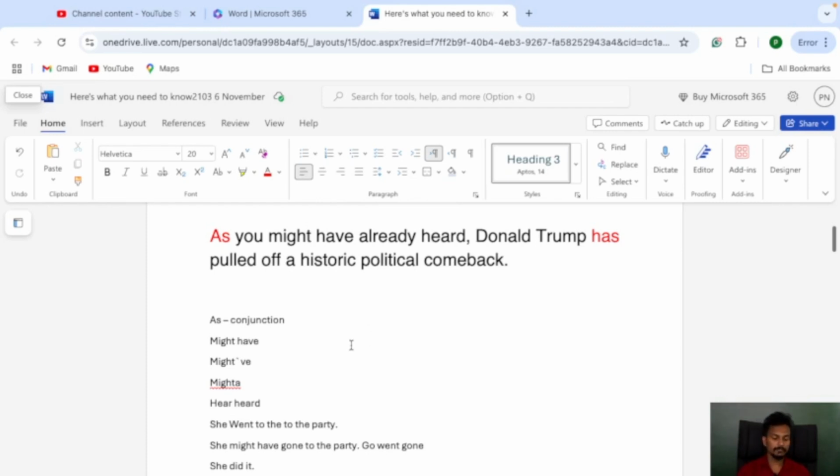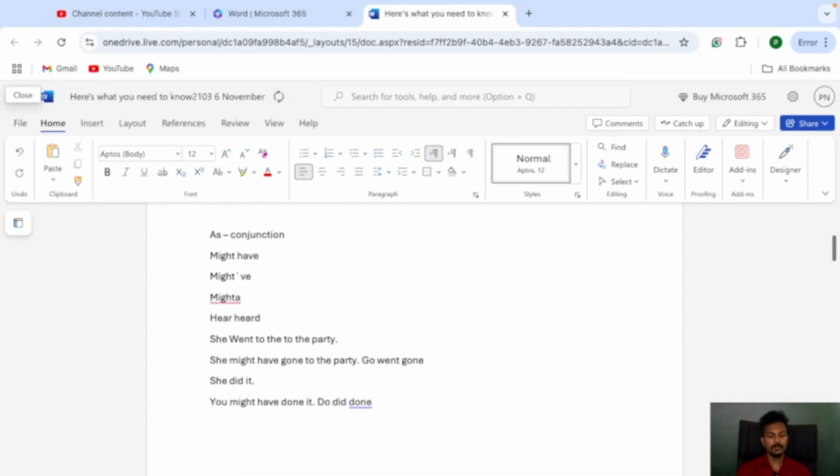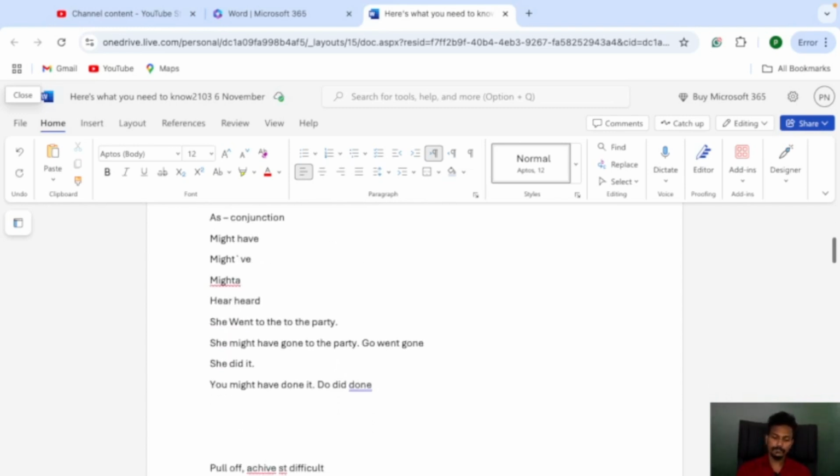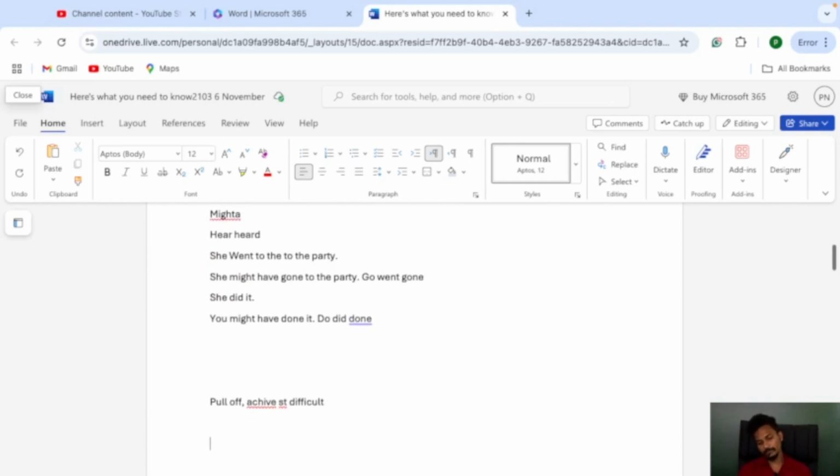And උදාහරණයක් විදිහට for example in real life situation you could say, pull off කියන එක අපිට use කරන්න පුළුවන්. For example, I was able to pull off that business.